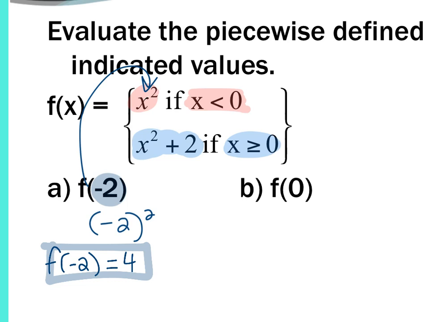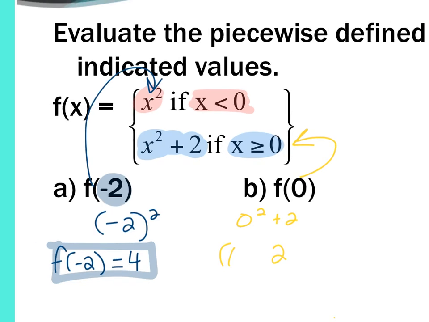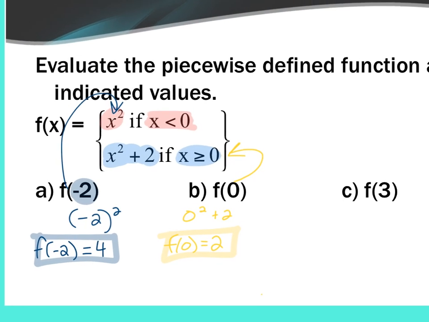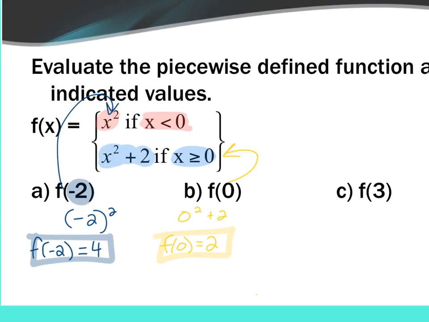Then I go to the next one, and it says 0. Is 0 less than 0 or greater than or equal to 0? Greater than or equal, so I'm using the second one. 0 squared plus 2, which is 2. And the last one says f of 3.